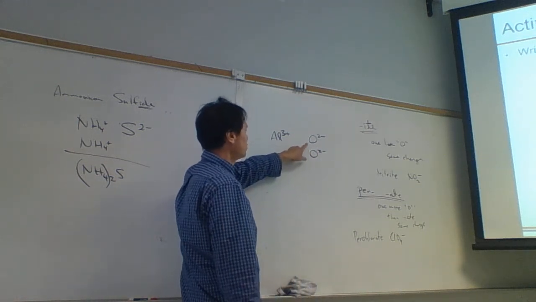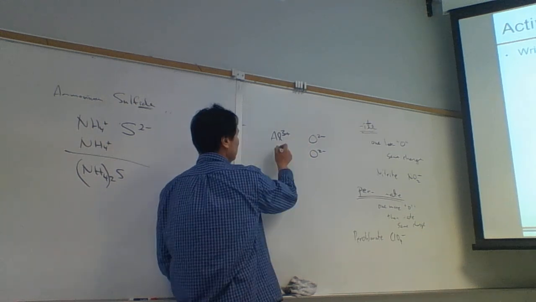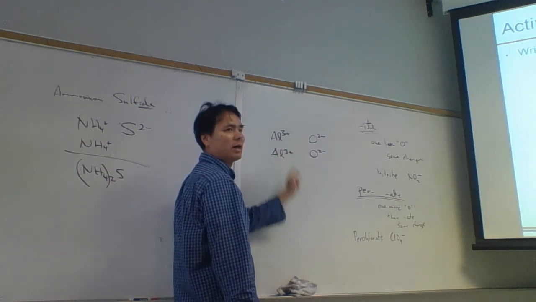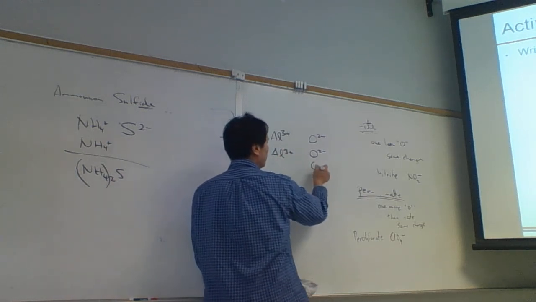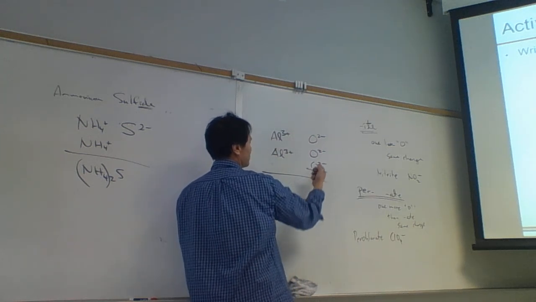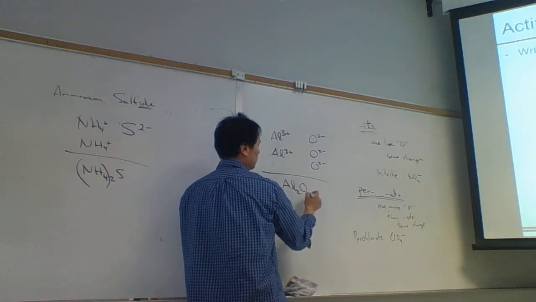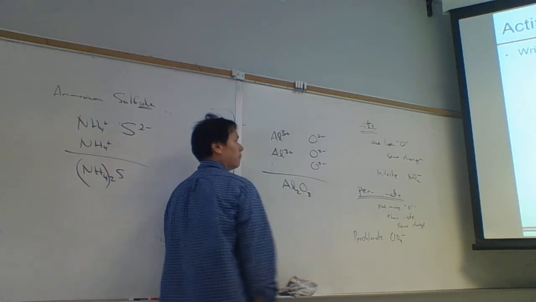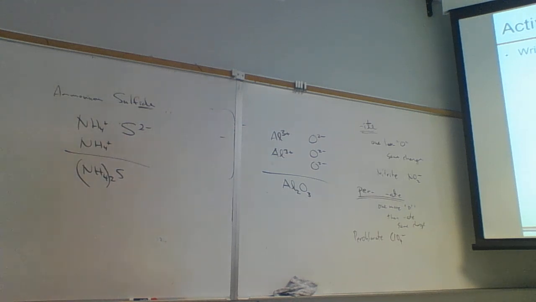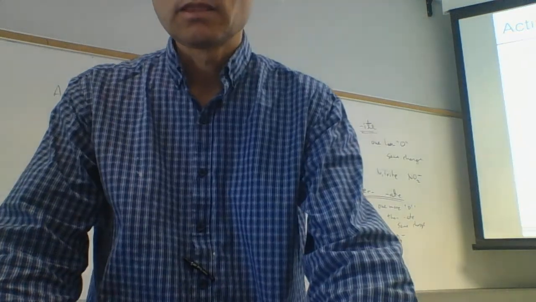Then we have -4 altogether and +3, and therefore we need another aluminum. Is it balanced? No, we need one more oxygen. Now it is: +6, -6. That gives us Al2O3. Okay, we're out of time, so we'll continue this next time.